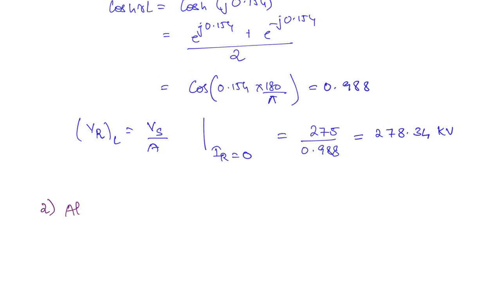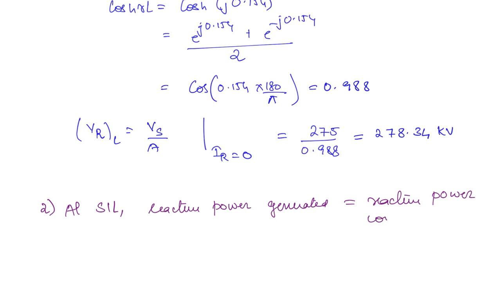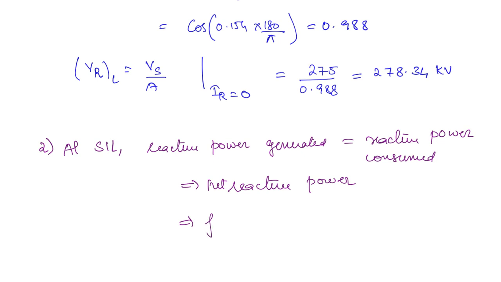At surge impedance loading, the reactive power that is generated will be equal to the reactive power consumed, making the net reactive power 0. And when this is the case, this will result in a flat voltage profile. That means voltage at all points along the transmission line will be equal.